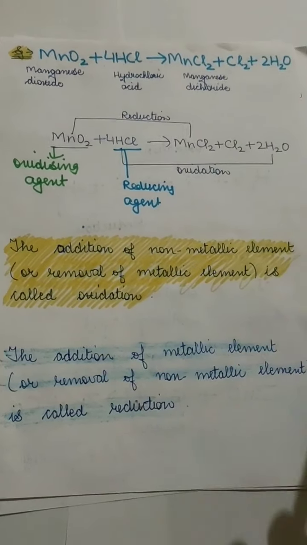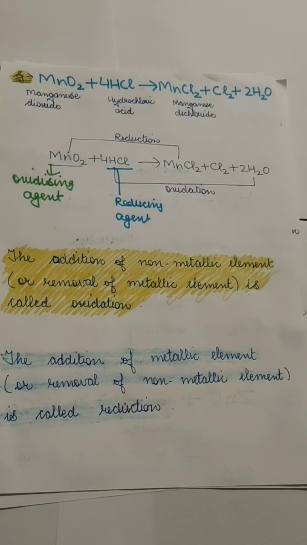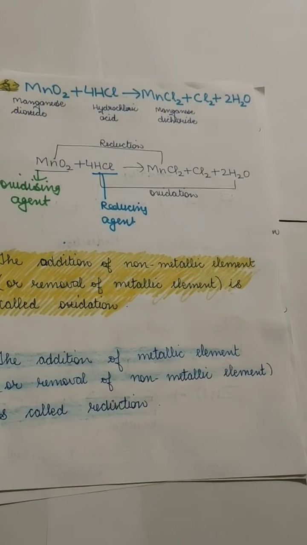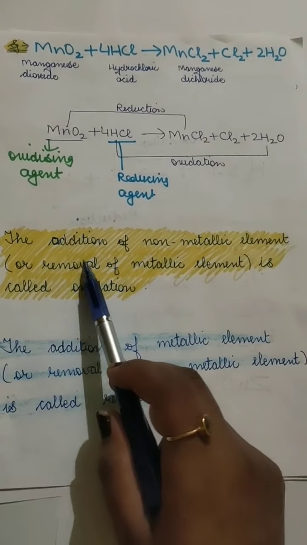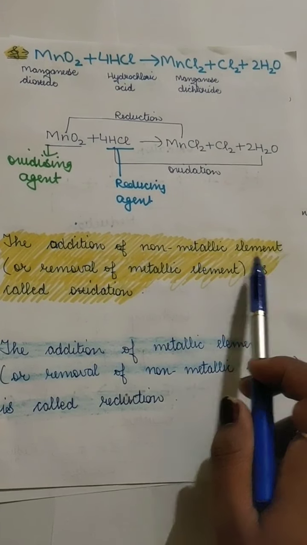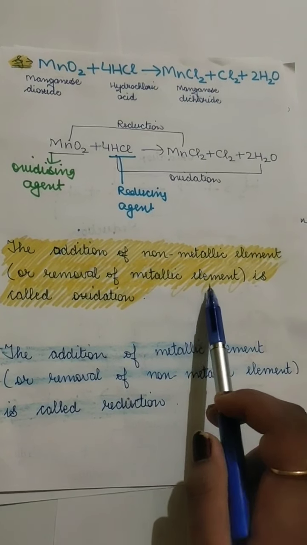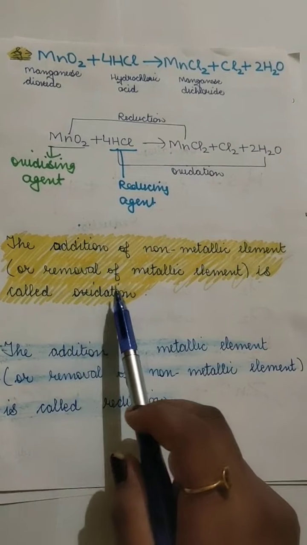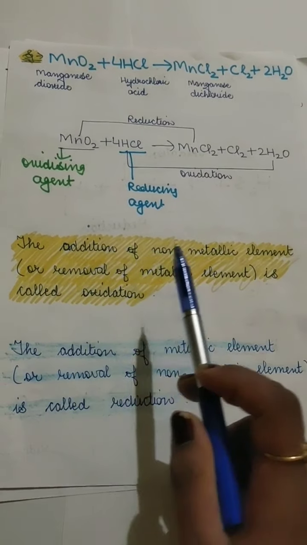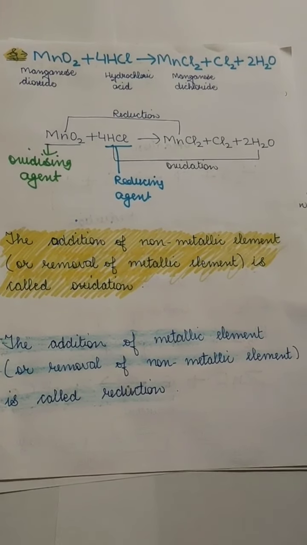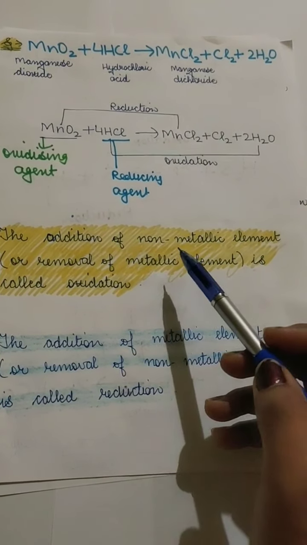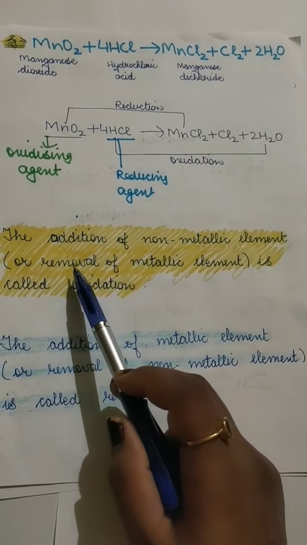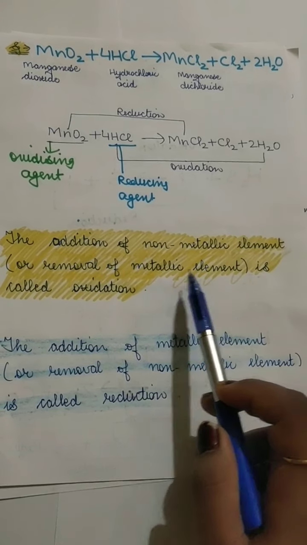Now there is another definition which is not in your textbook, but you can learn this as well. The other form of oxidation and reduction: the addition of a non-metallic element or removal of a metallic element is called oxidation.